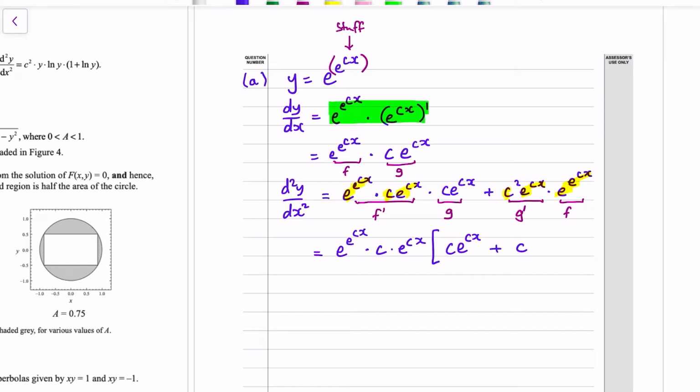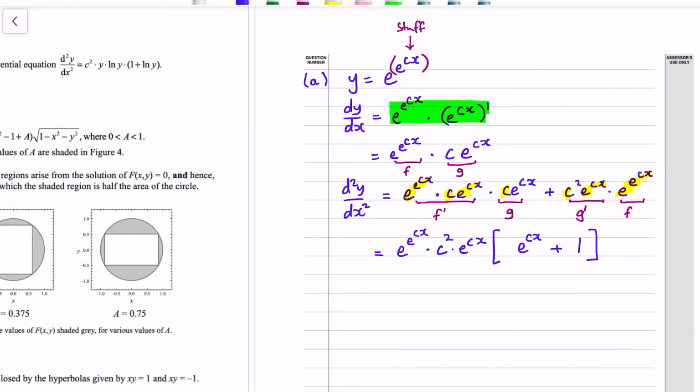No, we don't need another c. Because if we pull out c, I didn't see that little c there. Pull out c squared. Then we don't need a c there. And all we need on the last term is a 1. Okay, so that's the second derivative.